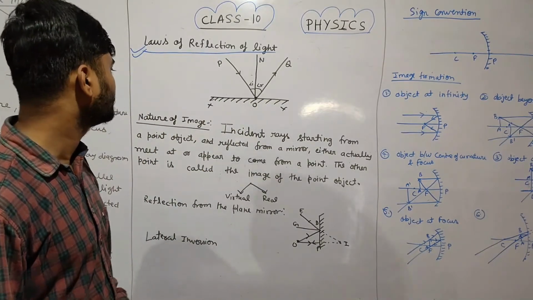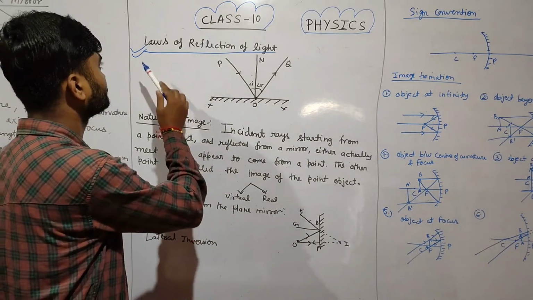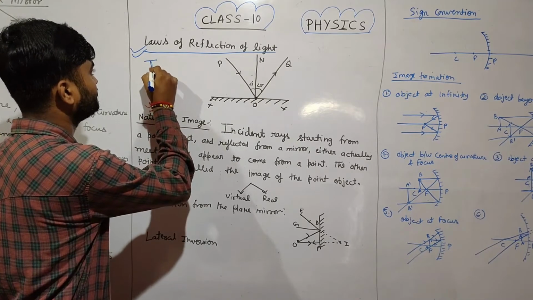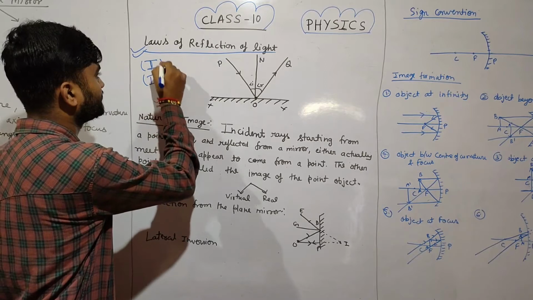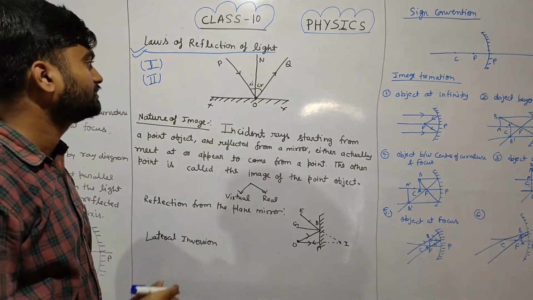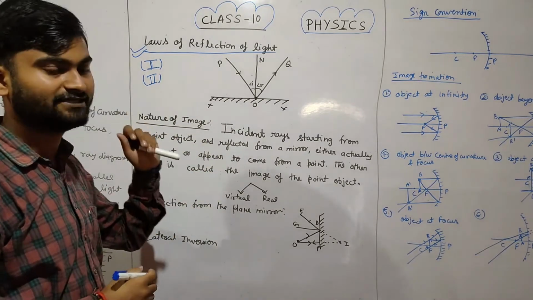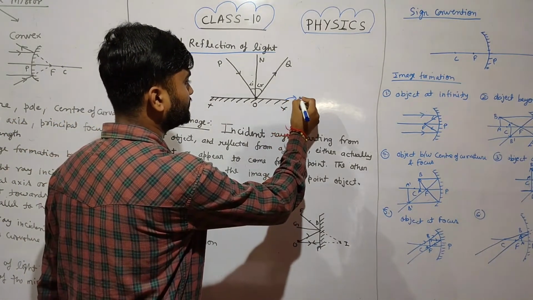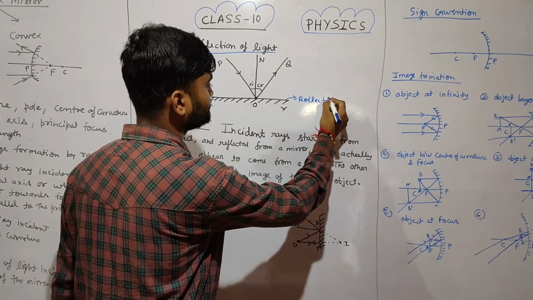Now, before knowing the two laws of reflection, the first law and the second law, we should know some important terms used in defining the laws. This is called a reflecting surface.